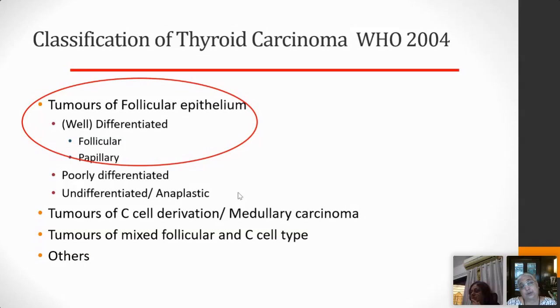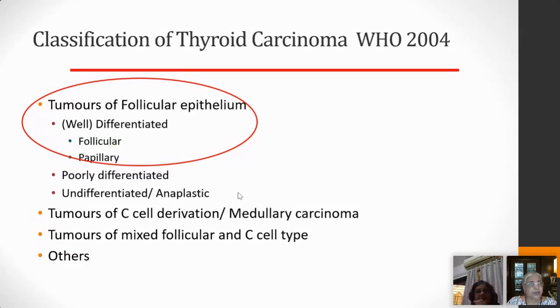Now, when I was growing up in pathology, we just had follicular adenoma, follicular carcinoma, papillary carcinoma, and mixed follicular and papillary tumors. But along the way, the mixed follicular and papillary tumors were dropped because it was realized that almost all of these so-called mixed follicular and papillary tumors were actually papillary tumors. Now, how did that happen?